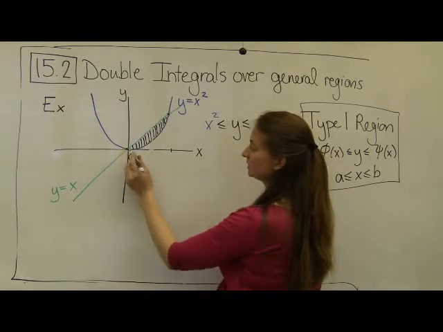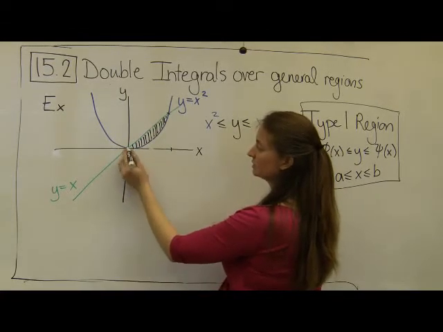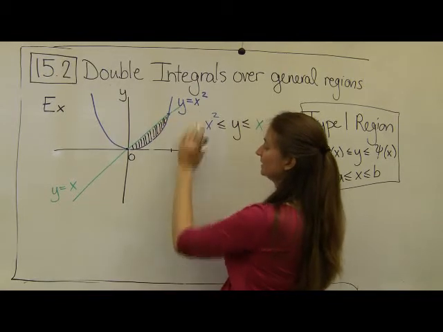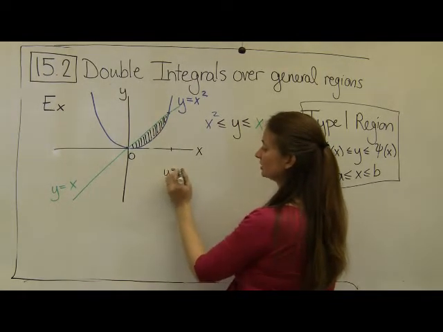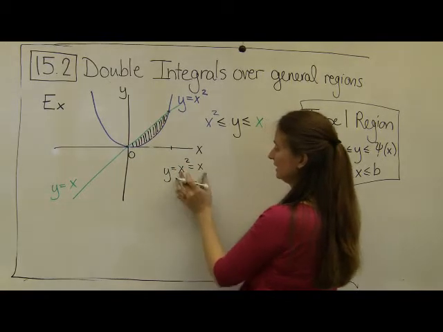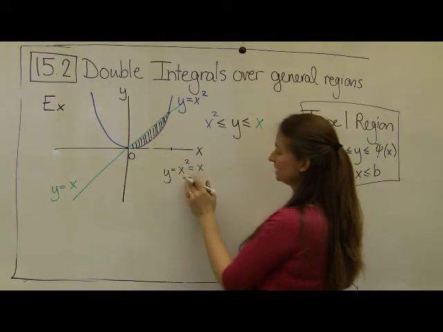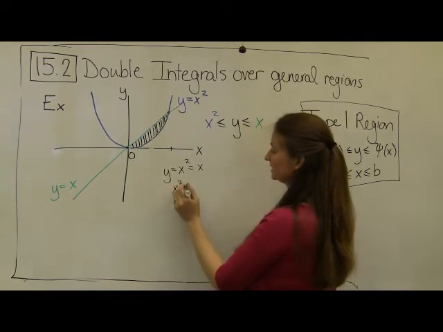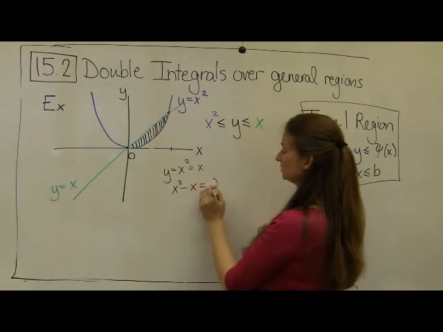This intersection point is exactly where x is equal to 0, and this one is exactly where x equals 1. That's because the intersection point is where y equals x squared is equal to x. I actually could do a bunch of algebra and say that that means it's where x squared minus x equals 0.